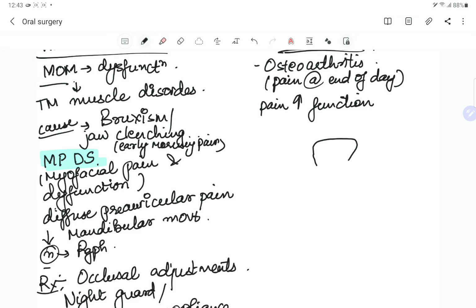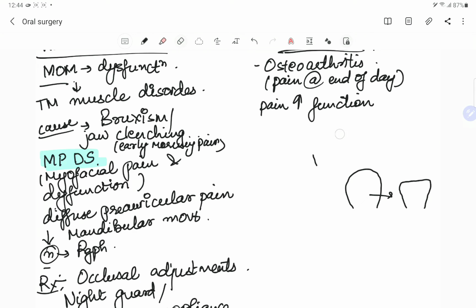Suppose this is a joint. Now what happens, because of the friction of these joints, the joints start getting eroded. So, we see that this is a condylar head, and in the radiograph, later on there is flattening of this condylar head, which is noticed in the radiograph.